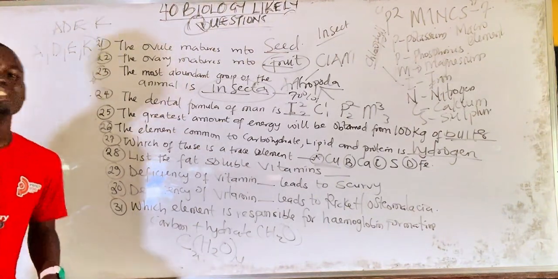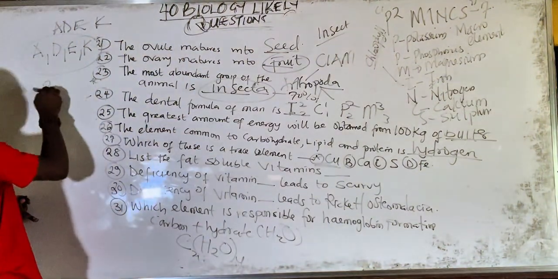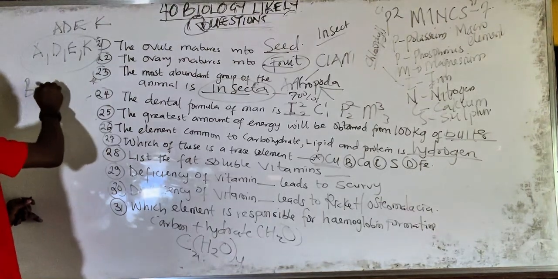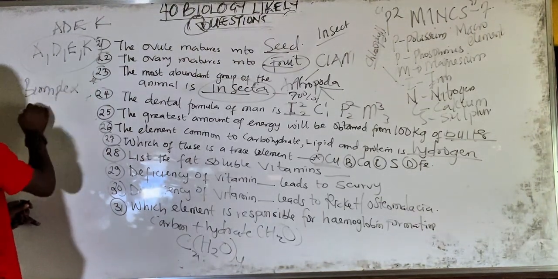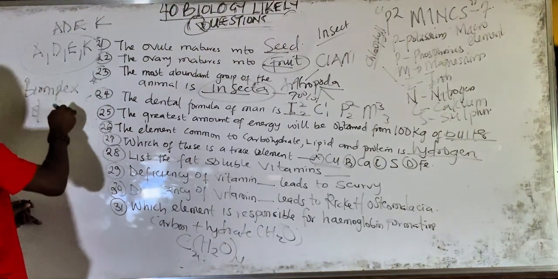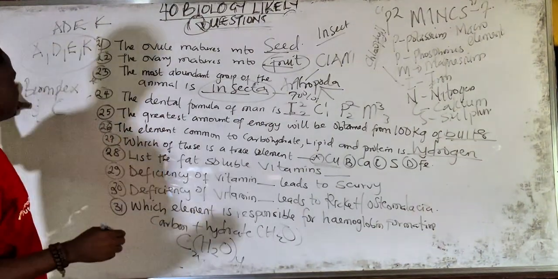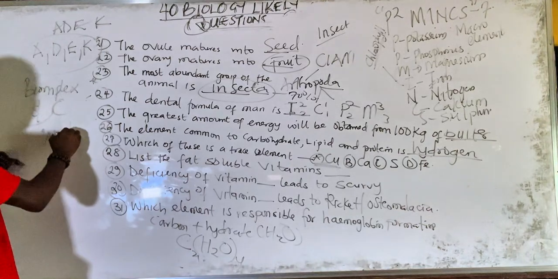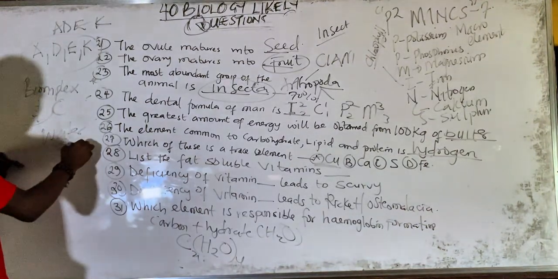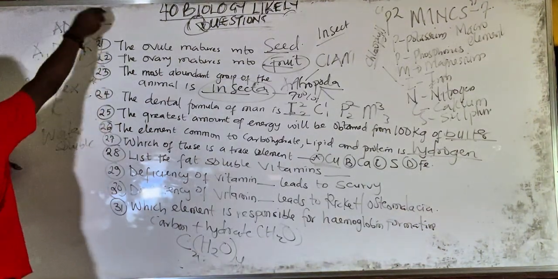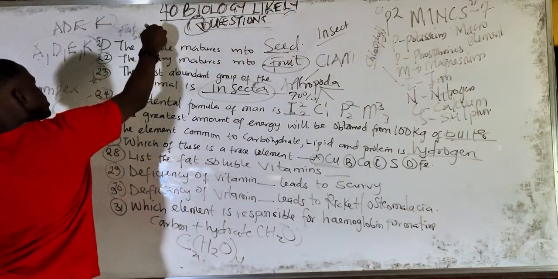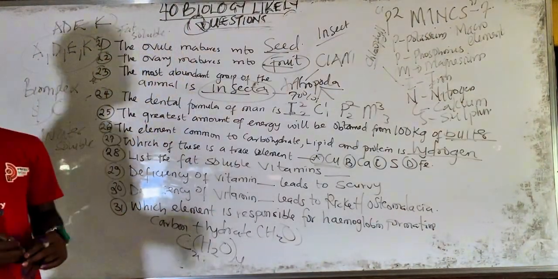Water soluble vitamins are vitamin B and vitamin C. We now say vitamin B complex because it's not only one vitamin that we have. So these are the water soluble, and ADEK are the fat soluble, okay?